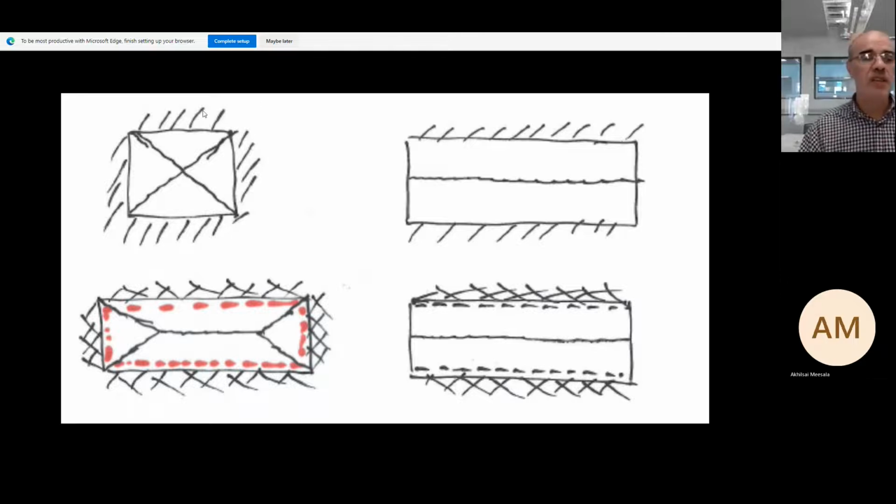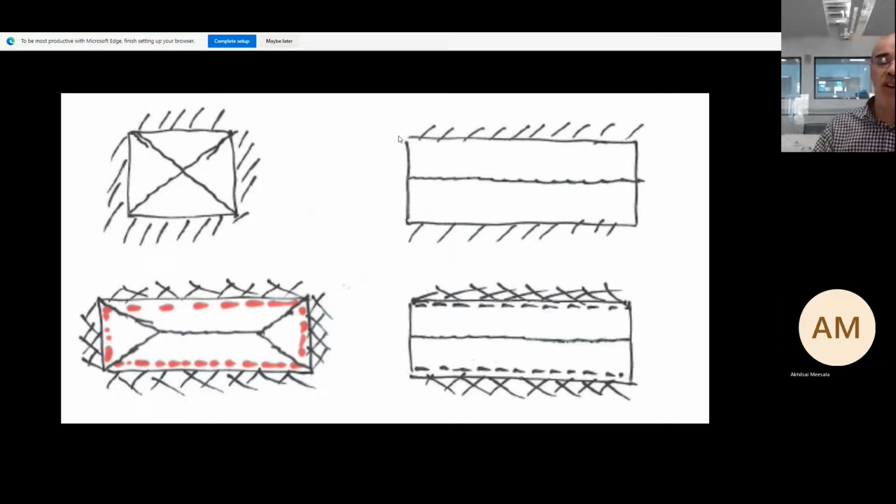The first example, top left, is a square slab which is simply supported on 4 edges. And this is how the yield lines will look. You have a cross going across the diagonals because it's square.